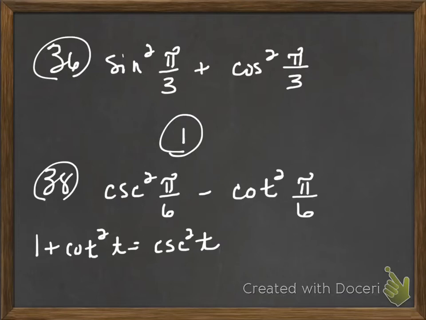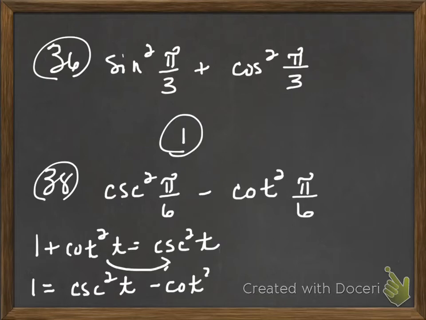I know to use this identity because 38 has cosecant and cotangent in it. So if I manipulate the equation a little bit and send cotangent over to the right-hand side, I get 1 is equal to cosecant squared of t minus cotangent squared of t, the same angle.